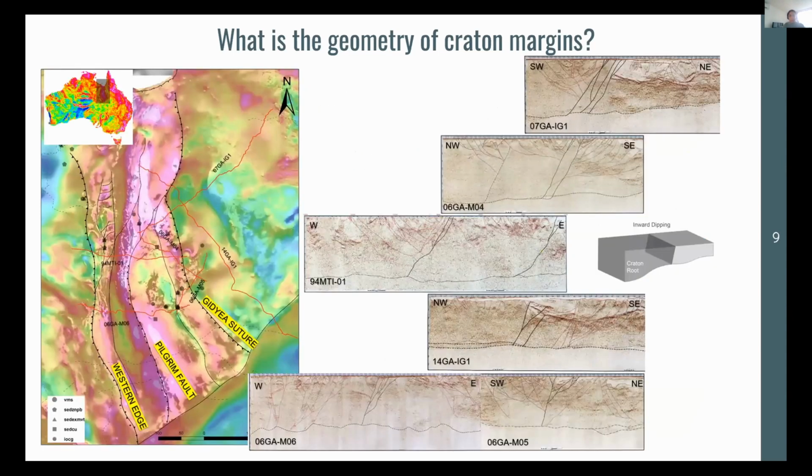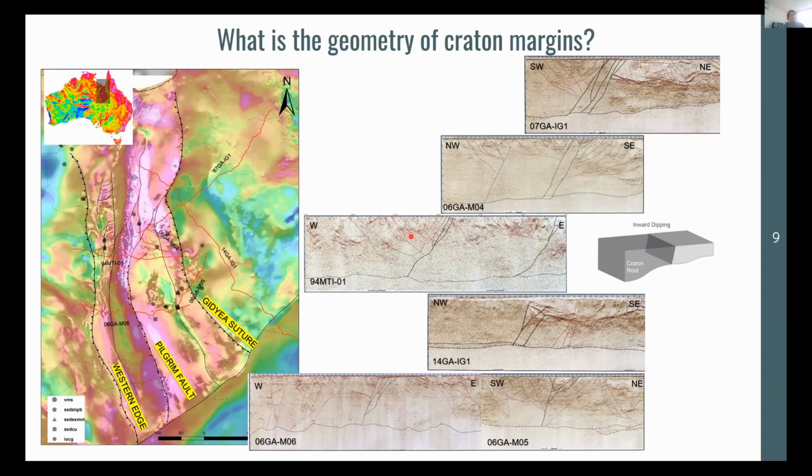So the first margin that we worked on is Mount Isa. As you can see here, these black lines are the major structures in Mount Isa, and the red lines are the seismic lines that I worked on. We have some existing interpretation of these seismic lines, but we reinterpreted everything for the sake of consistency, and also to see what I see differently from other people.